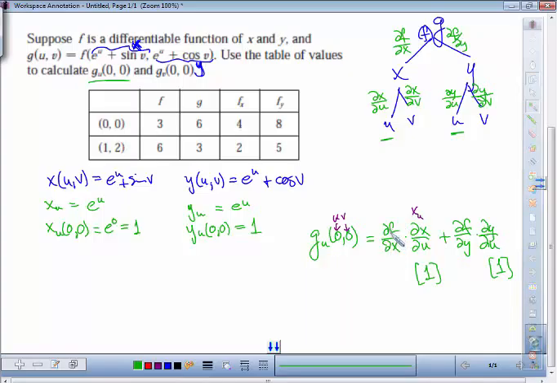But see, the partial of f with respect to x, we're going to take intermediate steps here. So I'm going to write down the partial of f with respect to x. That's the same thing as f sub x, right? But this is evaluated when f is a function of x and y.